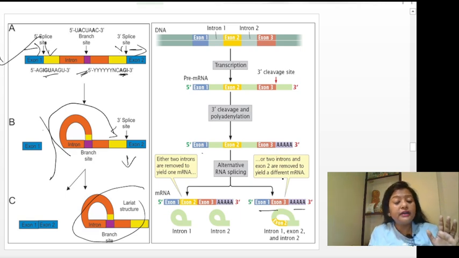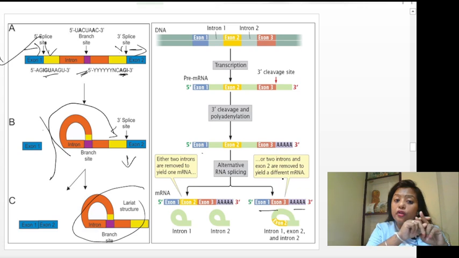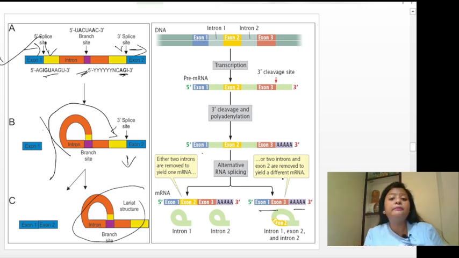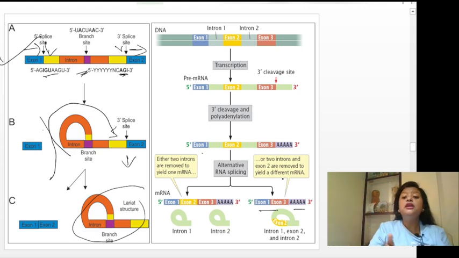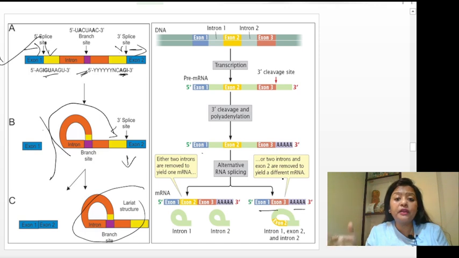Both are okay, but in the first one we have all the coding regions, exon 1, exon 2, exon 3. In the other one, exon 2 has been removed, or sometimes exon 3 might be removed, or exon 1 might be removed. So there are many types of splicing. When many different forms of mRNA can be formed, it's called alternative splicing.